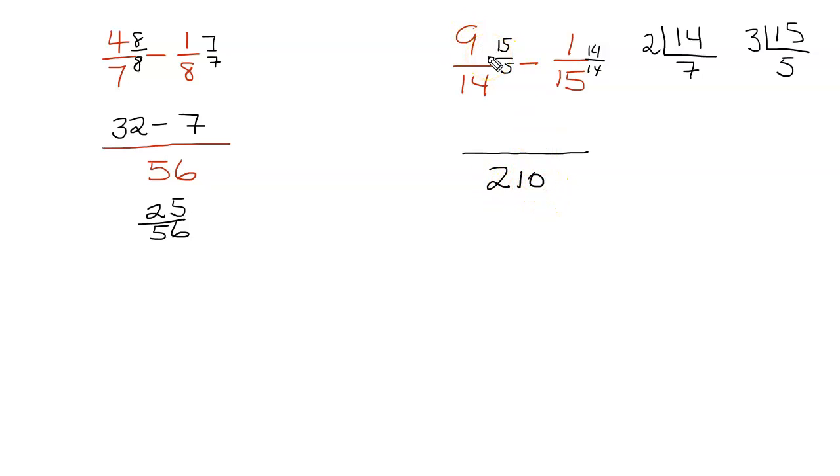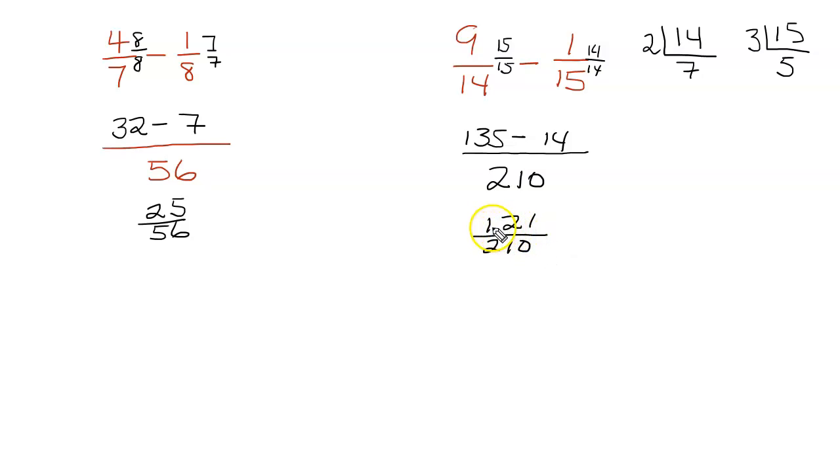Now we're going to go 9 times 15 and get 135. And this is just going to be 1 times 14 is 14. And now we subtract 14 from this and get 121 over 210.